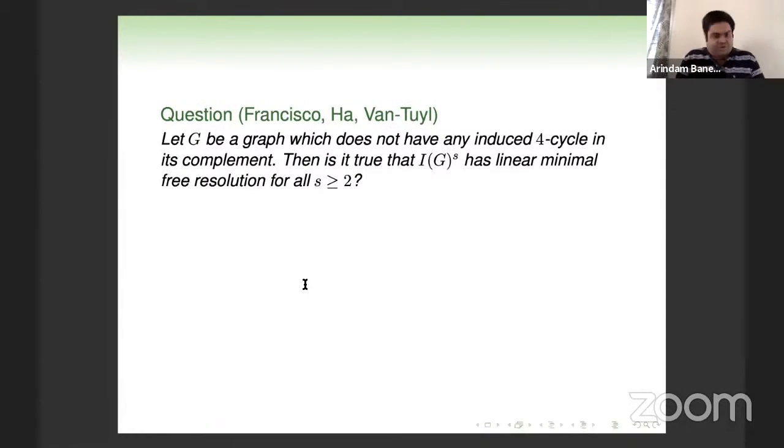Maybe one can ask this question, that no induced 4-cycle may not imply all powers have linear resolution, but it may imply all higher powers, namely 2 onward, have linear resolution. By the way, it is very clear that all powers from 2 onward having linear resolution is actually a weaker condition compared to just the first power having linear resolution.